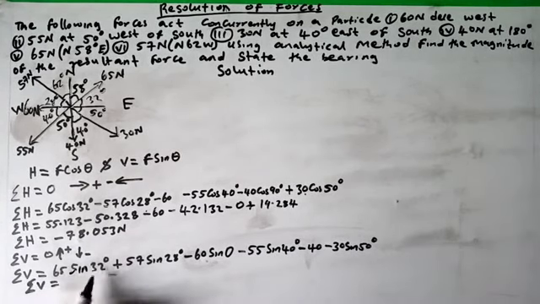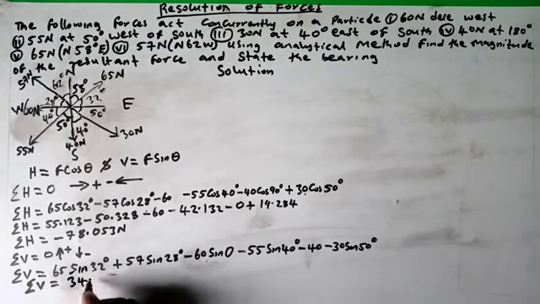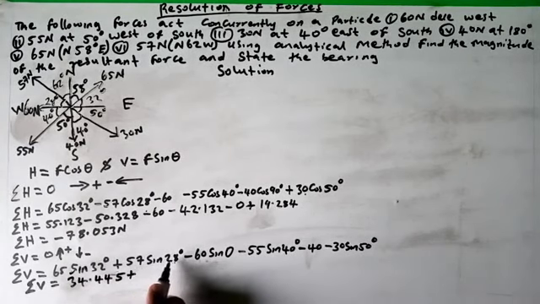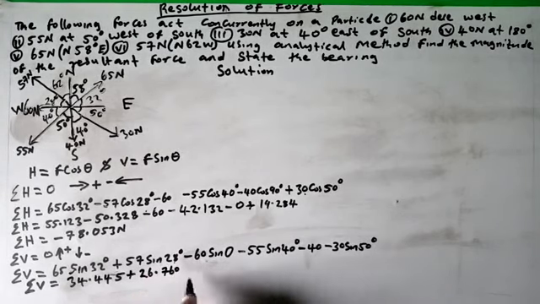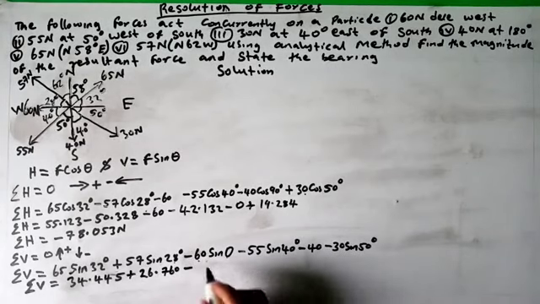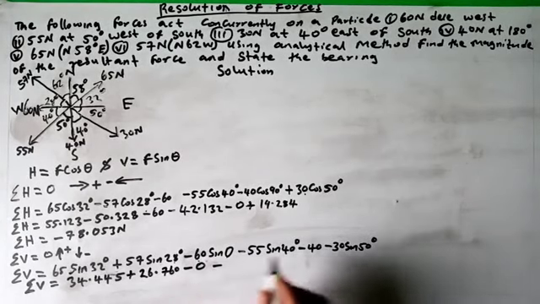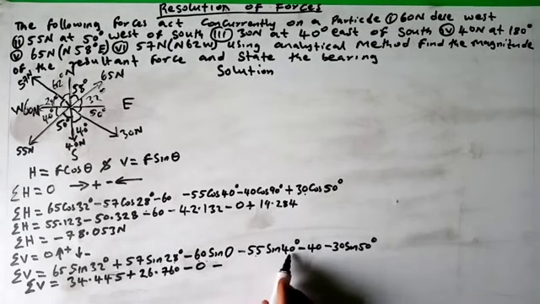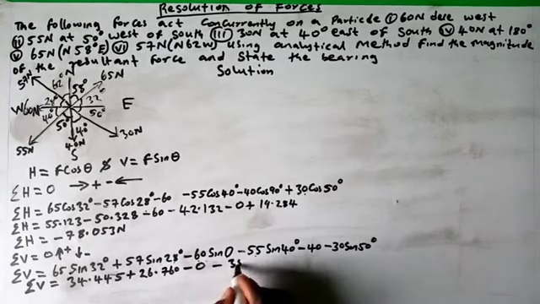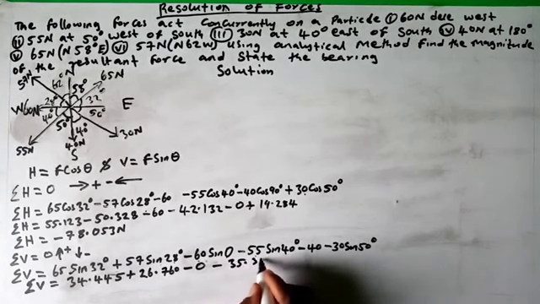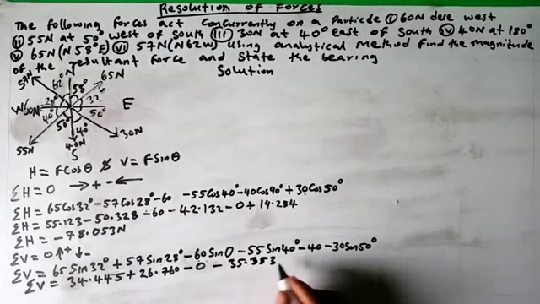65 sine 32 is equal to 34.445. Then plus 57 sine 28 is equal to 26.760. Then minus 60 sine 0 is 0. Then minus 55 sine 40 degrees is equal to 35.353.